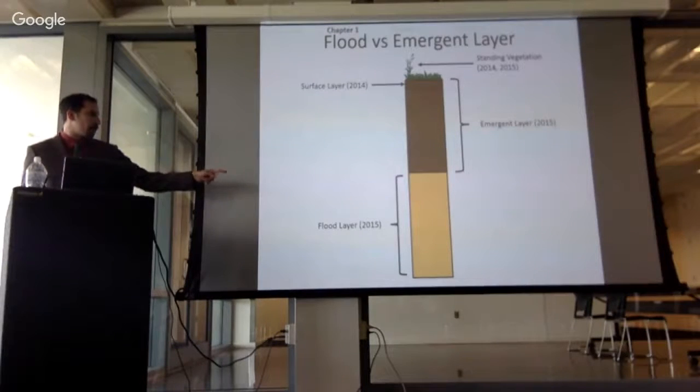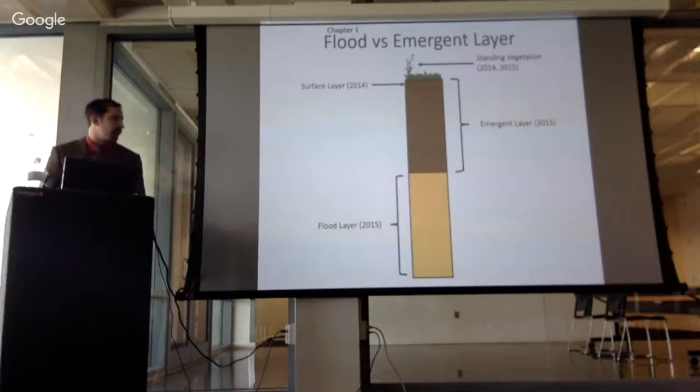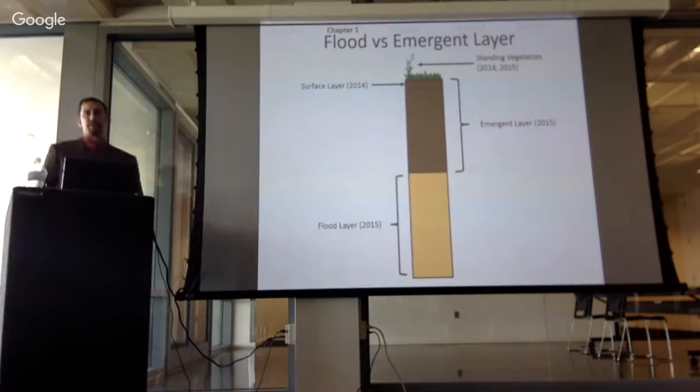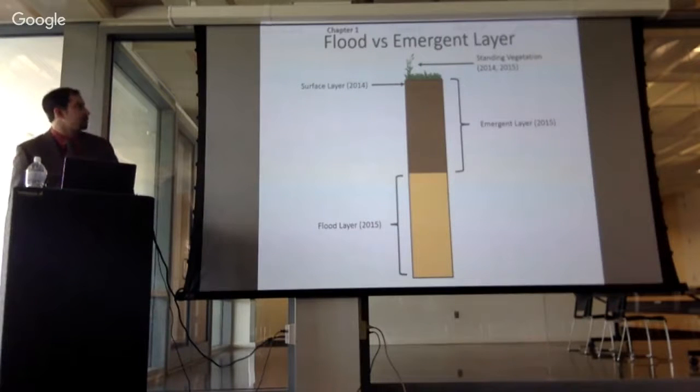The flood layer I was looking for should be described as very sandy, so large grain sizes, very mineral, very little organic content, and high density. After that marsh forms, you should see what I refer to as an emergent layer, which should have smaller grain sizes as those plants trap more fine grain sediments.